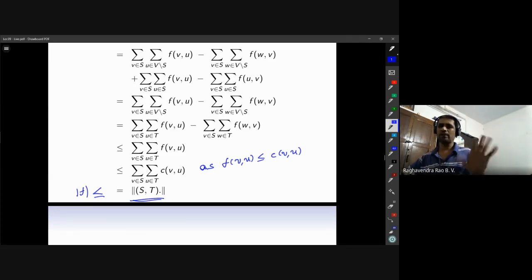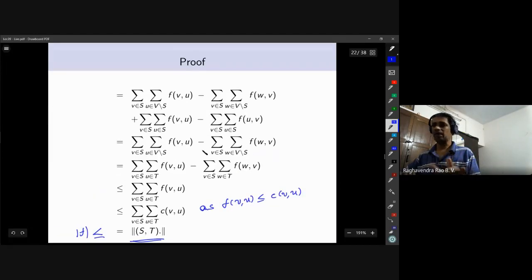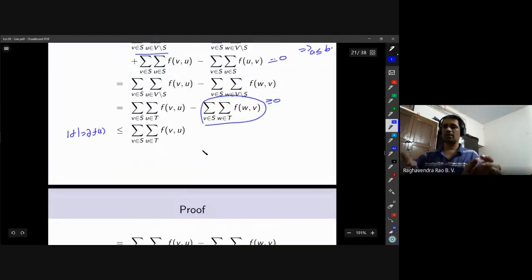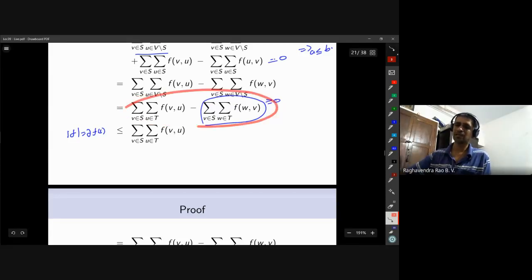Okay. So all we did is we just used the conservation. We did some rearrangement. We did a careful split of this summation. Once we split it, we basically looked at edges across the cut and edges within the partition S. Okay, so that's all we did. But for the edges within the partition, this summation basically cancels out.